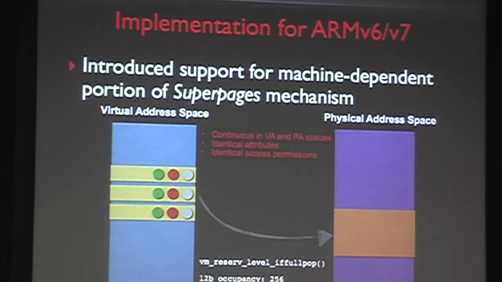We also need to check all the attributes and access permissions of the base pages within the newly created superpage. They have to be identical because after promotion we will have only 1 bit per whole area to determine the page attributes, flags, and access permissions. So if all of this is correct and the reservation is fully populated, we can promote the page to a superpage.